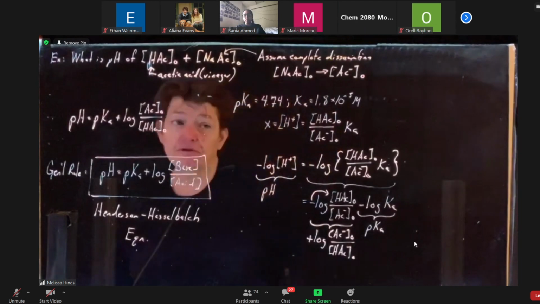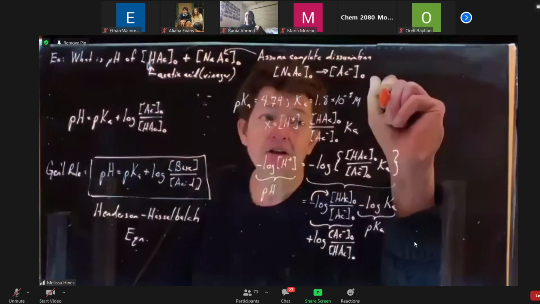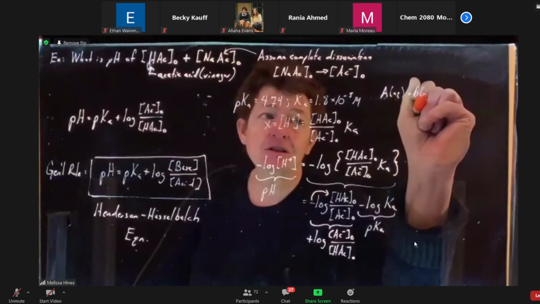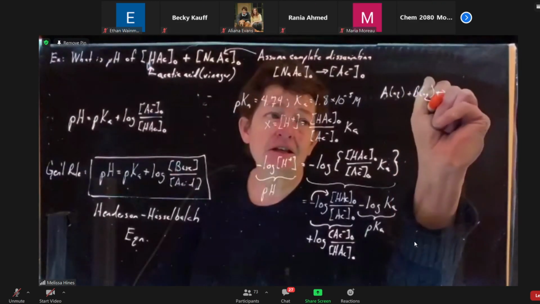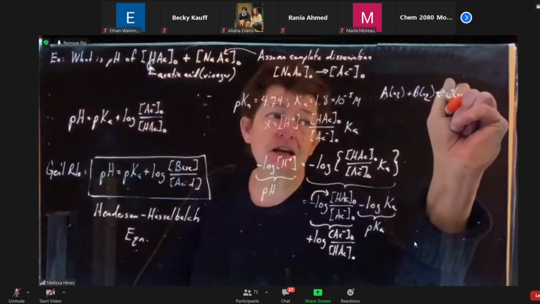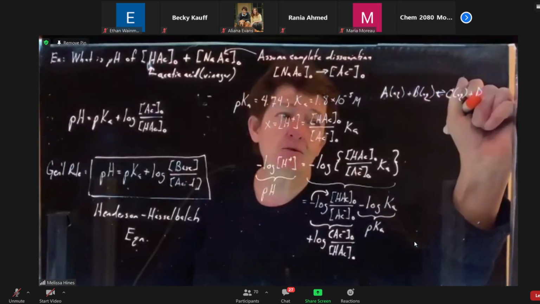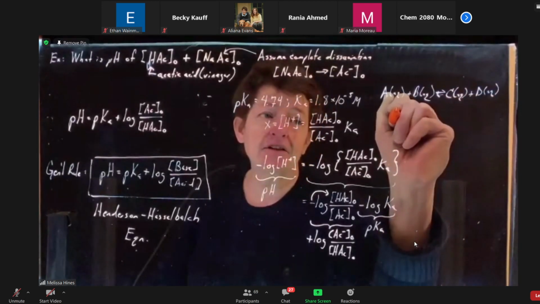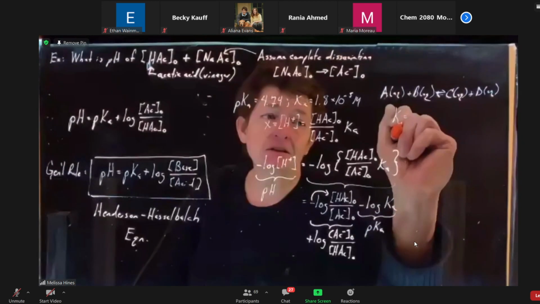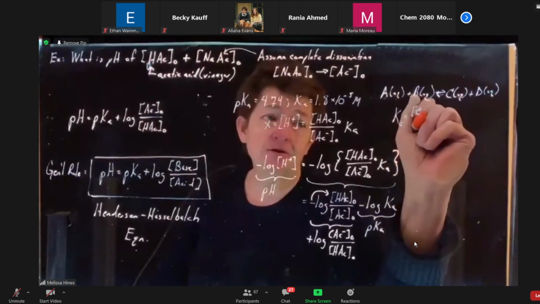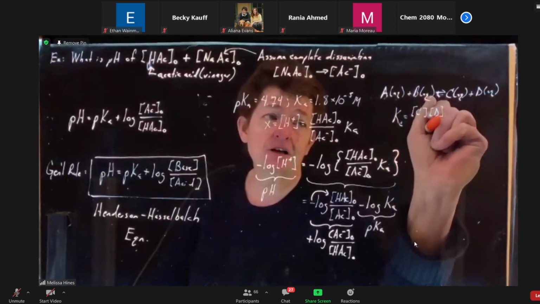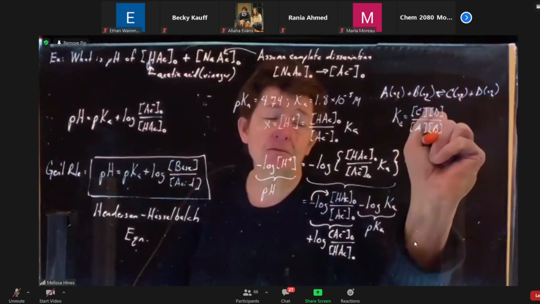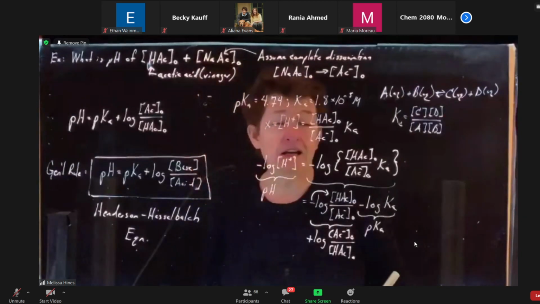For example, if you have A (aqueous) plus B (aqueous) in equilibrium with C (aqueous) plus D (aqueous), this is not going to have any units, because the equilibrium constant Kc is going to be equal to the concentration of C times the concentration of D divided by the concentration of A times the concentration of B. So there, all of the units cancel out.